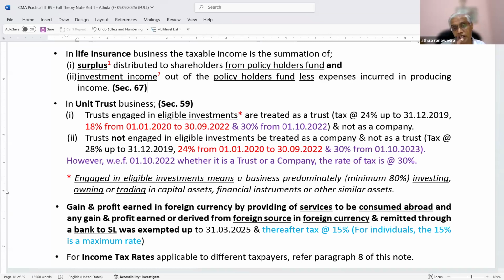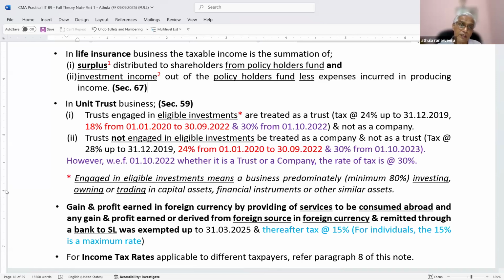Now, suppose this ABC Unit Trust PLC, depending on the total investment, divides into units, 1 million units. Then I can go and buy even 2-3 units.